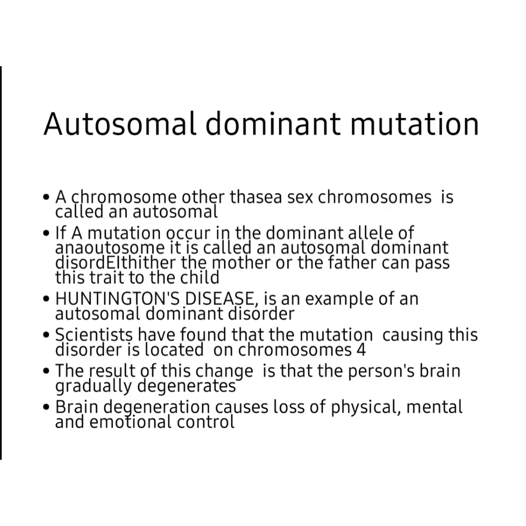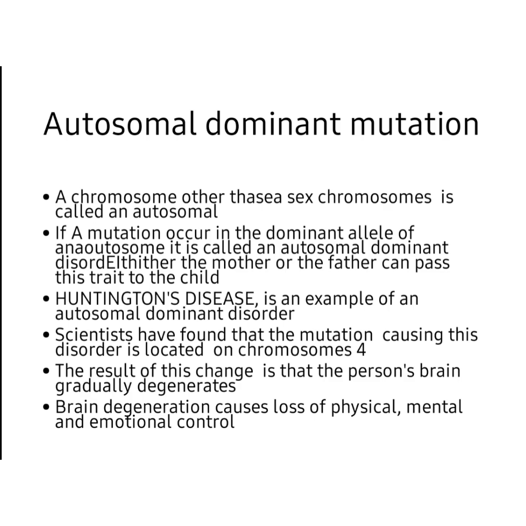Autosomal dominant mutation. A chromosome other than the sex chromosomes is called an autosome. I think we all know that there are 2 sex chromosomes, one inherited from the mother and the other from the father, and the other ones are called autosomes.